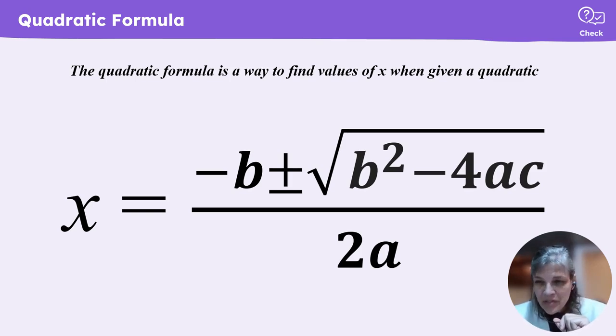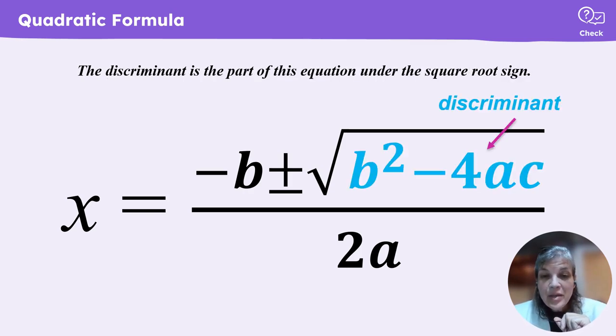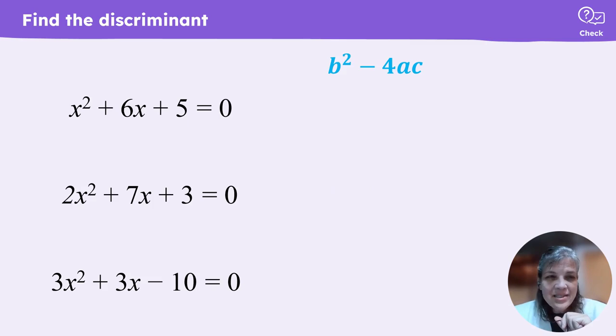And the part that we're interested in, the discriminant, is the b squared minus 4ac, just that part. All right? And this little part tells us a whole bunch of information. So it's very useful. Let's look at 3 different equations here, and let's find the discriminant for each of these.